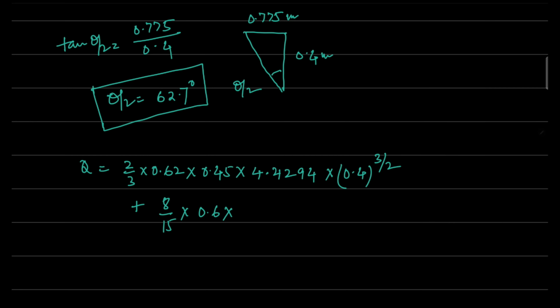We have already figured out that tan theta by 2 is 0.775 divided by 0.4, which is 1.9375, so we need not put the theta by 2 equal to 62 point something again. Then multiplied by under root 2g, which is again 4.4294, multiplied by h raised to the power 5 by 2.